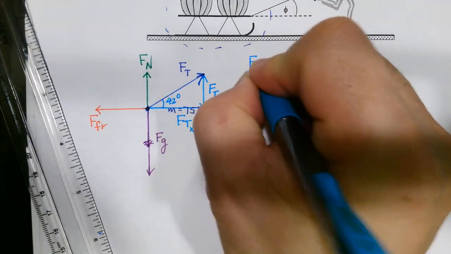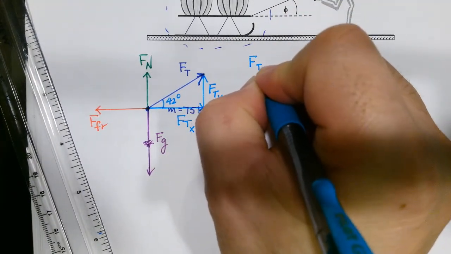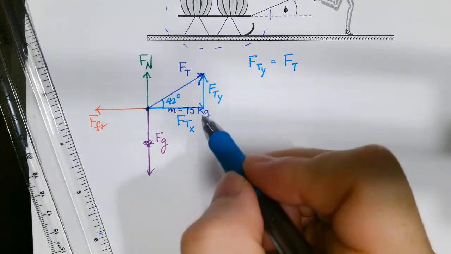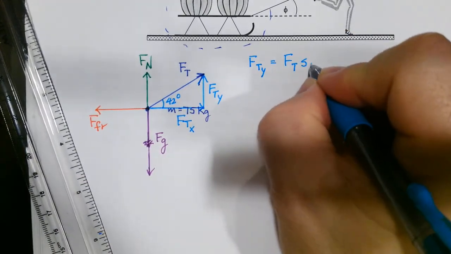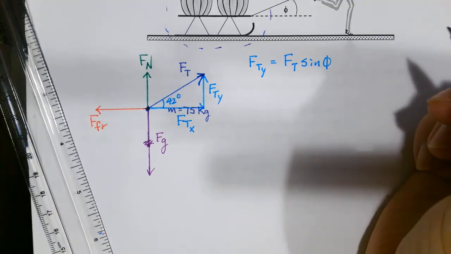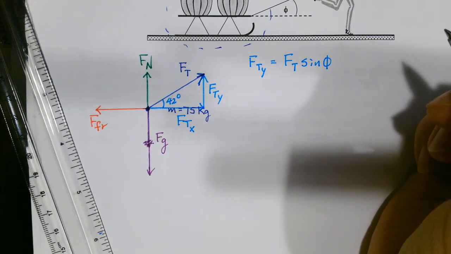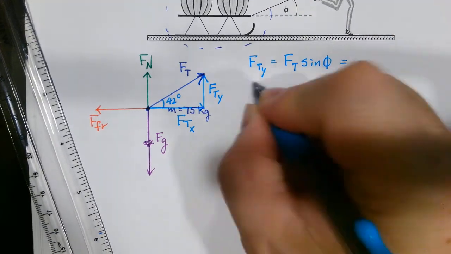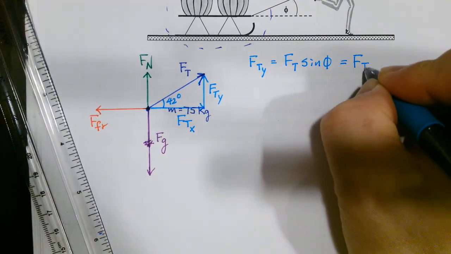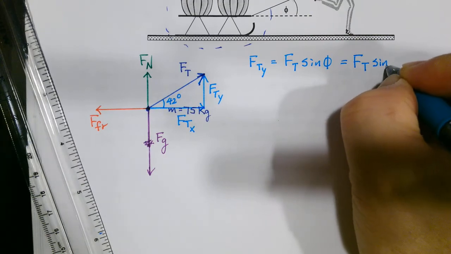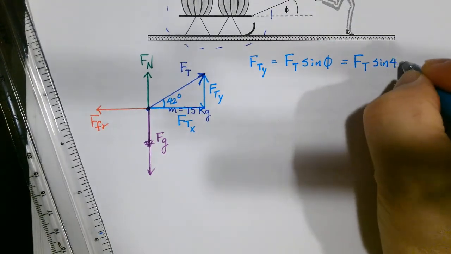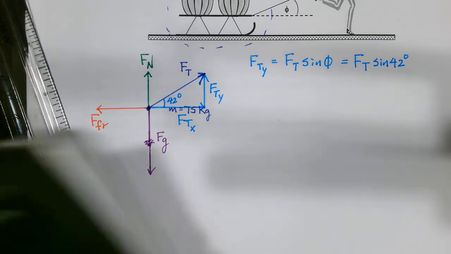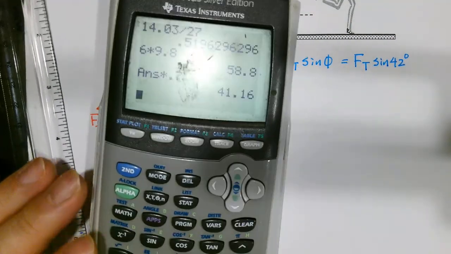So F tension Y is equal to F tension, since this is the opposite, sine of phi. So F tension Y happens to be F tension times sine of 42 degrees. So what is that? Sine of 42, well, let's take a look.